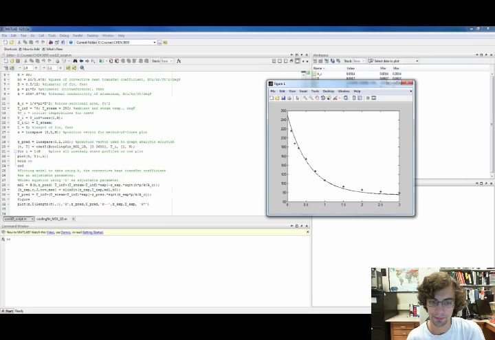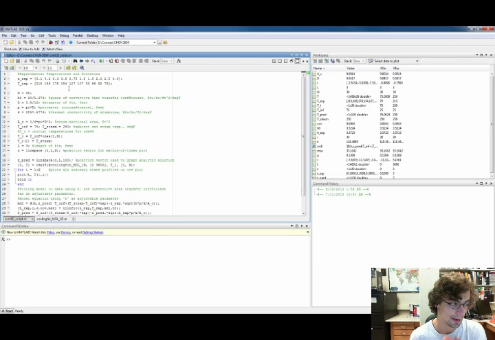The solid line is actually the method of lines thing from before. This solid line is the method of lines prediction for the steady state temperature, and as you can see, they're essentially on top of each other.